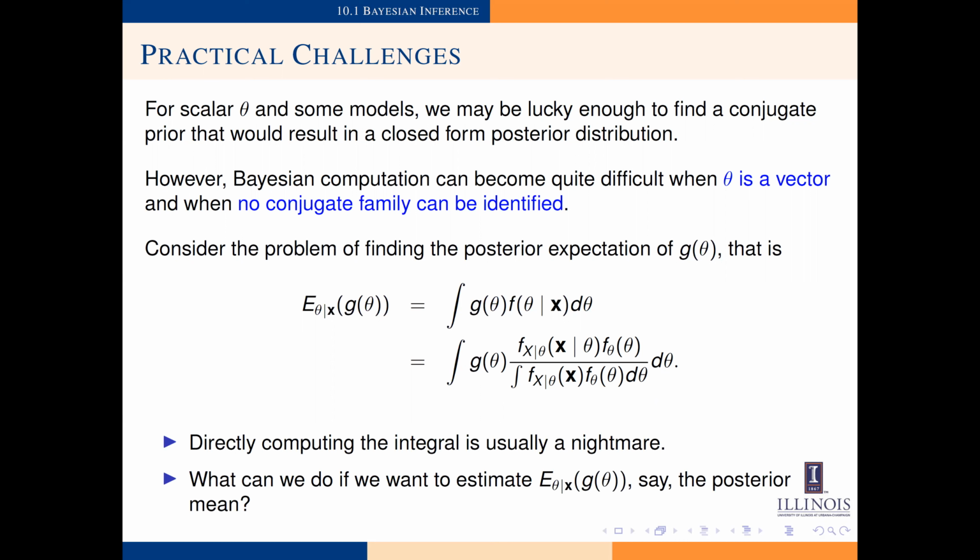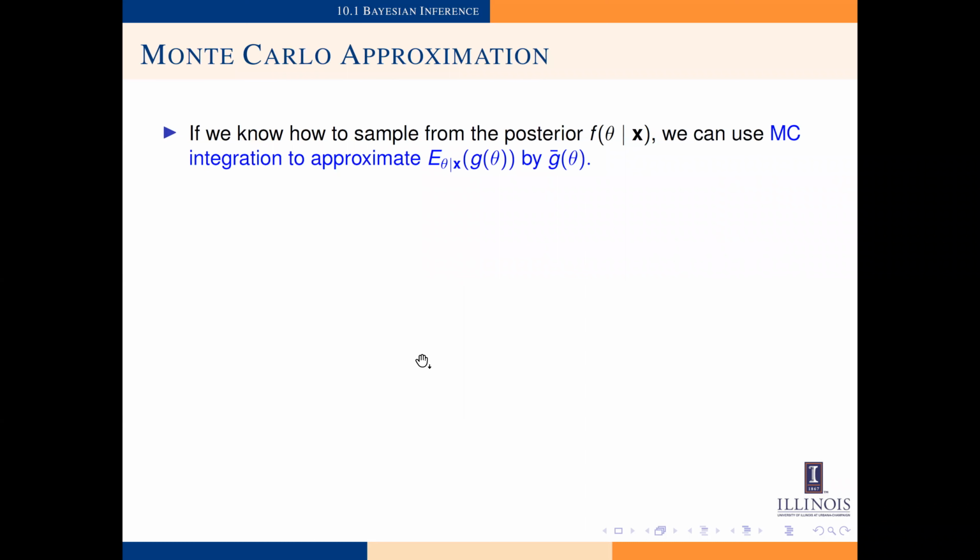One thing you might be wondering about is, in this case, what can we do if we want to estimate the posterior expectation of g theta? So let's say, what if we want to estimate the posterior mean? In that case, g is just the identity function, so g theta equals theta. Well, we learned previously how to do Monte Carlo integrations.